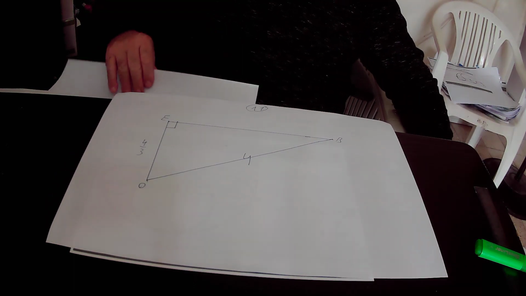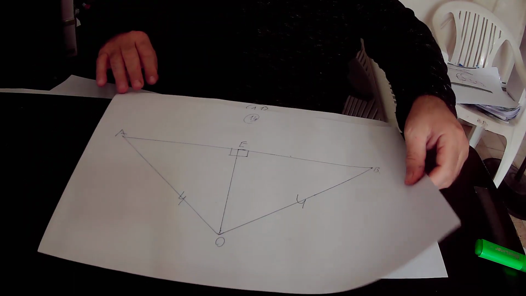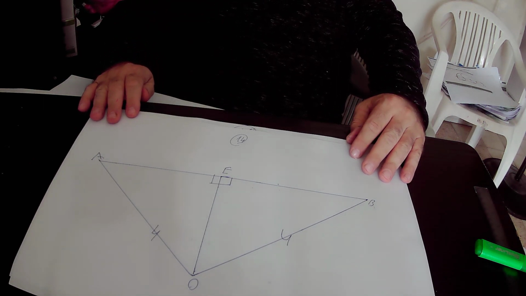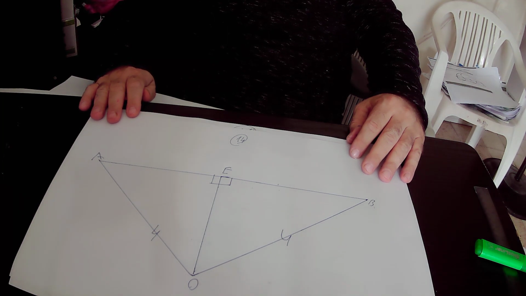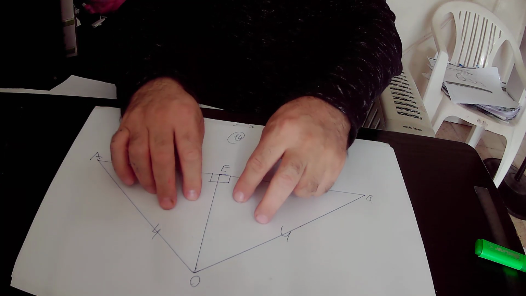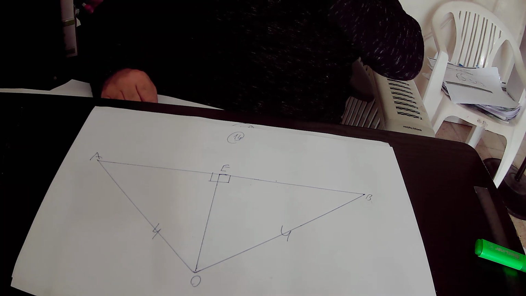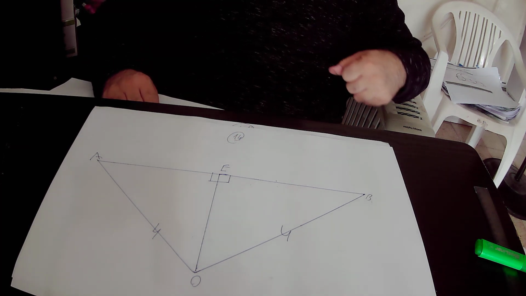Then here we actually have two right triangles, and we actually proved that those two right triangles can go into each other. Why can those two right triangles go into each other?